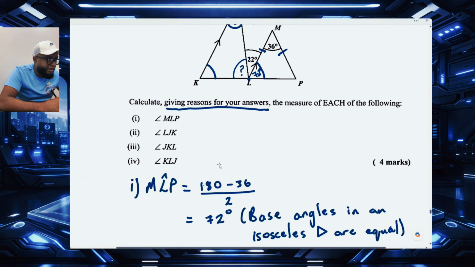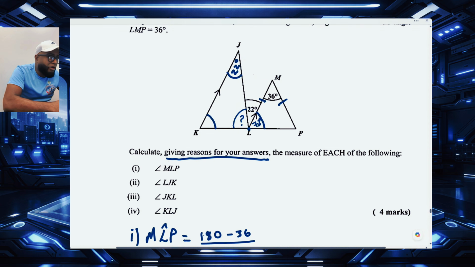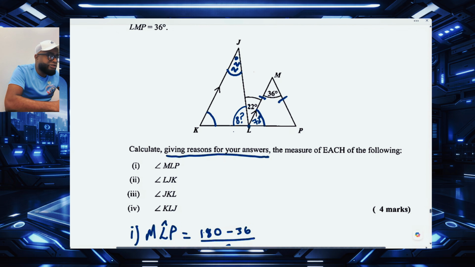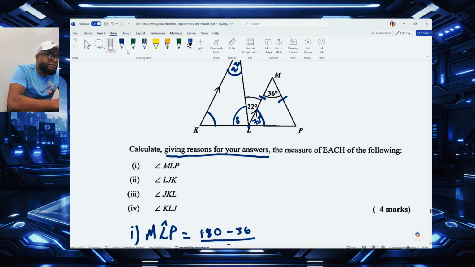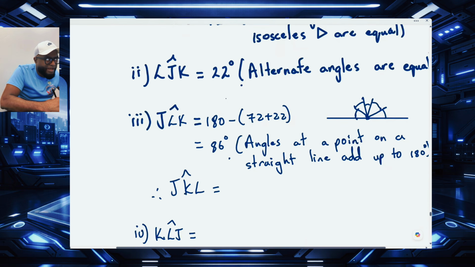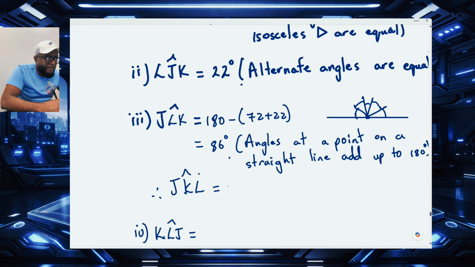I was now going to do, if here is 86, the three angles in a triangle add up to what? 180. Right. So that is what I was going to apply in order to find JKL. But I see the last part is asking us to find JLK, which we already found.